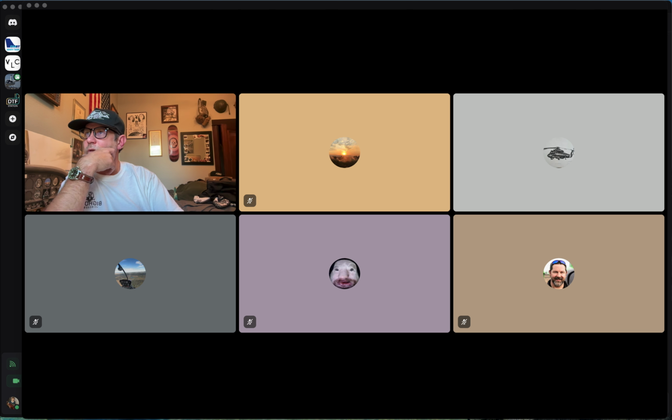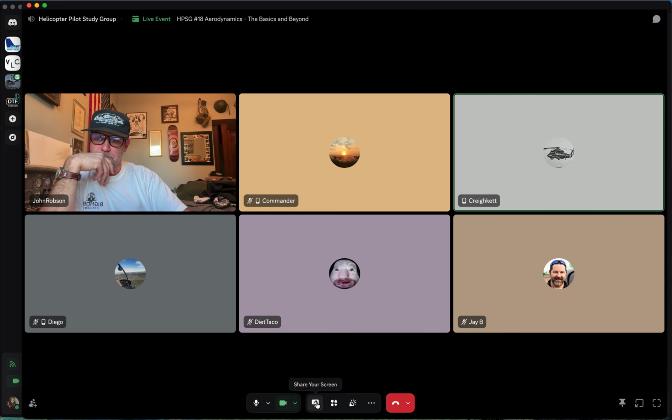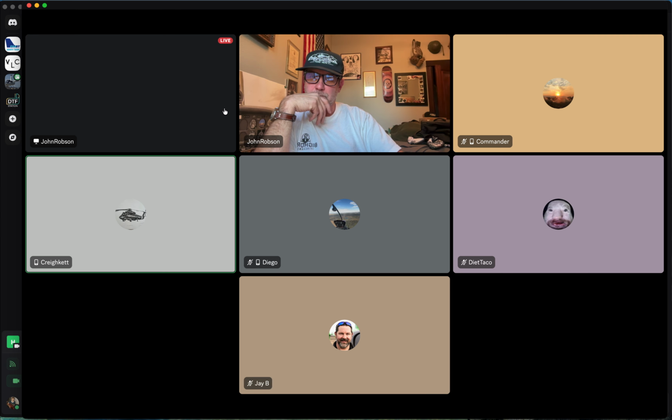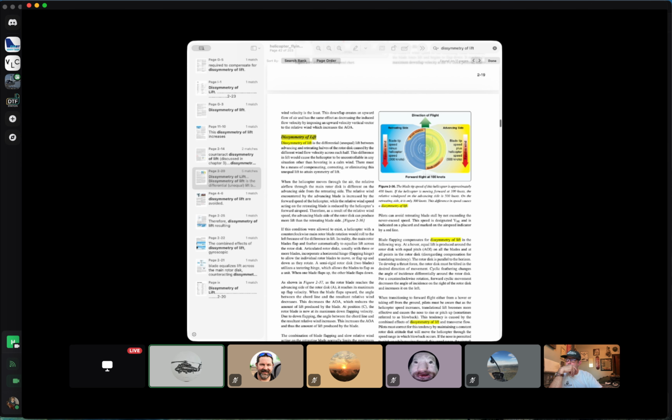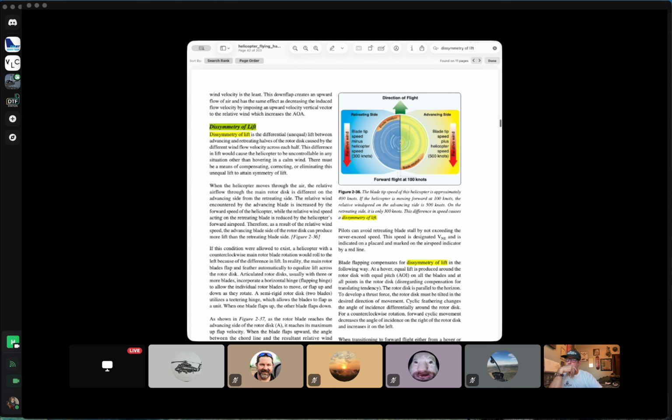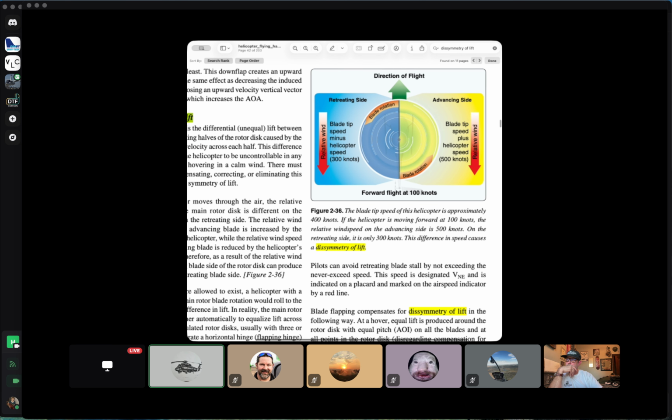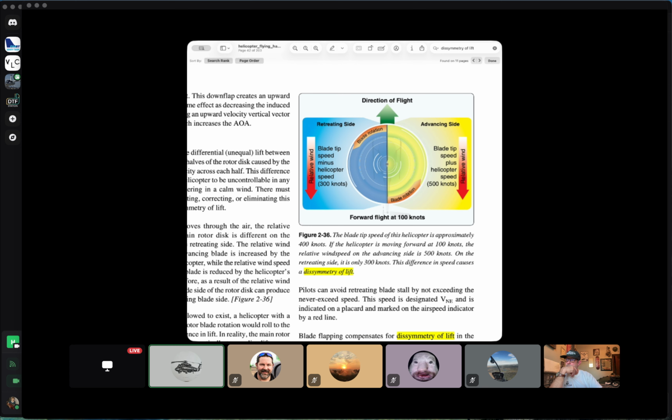Good point. I'm going to pull up the handbook. Does that make sense? Yeah, because we'll sometimes talk about that tip speed, the advancing side. I do think in the R22 it is actually like 413 knots, but the Helicopter Flying Handbook shows it as 400 knots, and then you're adding the 100 knots.